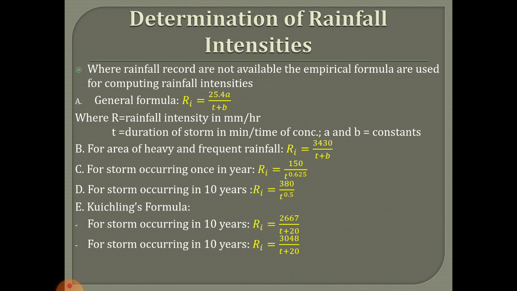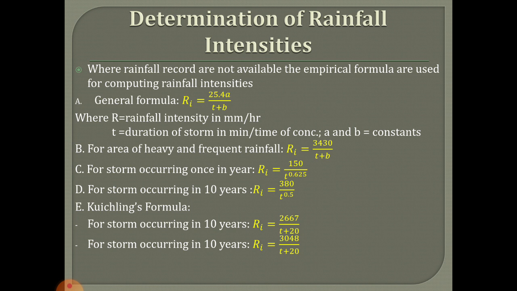But the question arises of how to calculate the rainfall intensities where the rainfall records are not available. Usually, if the rainfall records are readily available, it is very easy to determine the stormwater flow. But if they are not available, then we have to adopt an empirical formula for calculating the rainfall intensities.